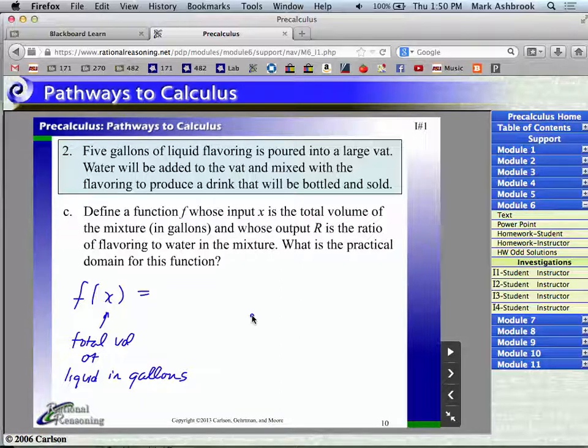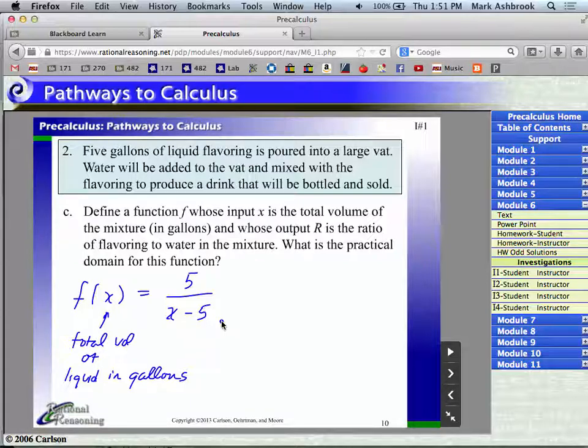It's the ratio. So Diana, did you get it? So 5, the number of gallons of flavoring, over, and what does x minus 5 represent? Just the x minus 5, what would that mean? And what would that give you then?